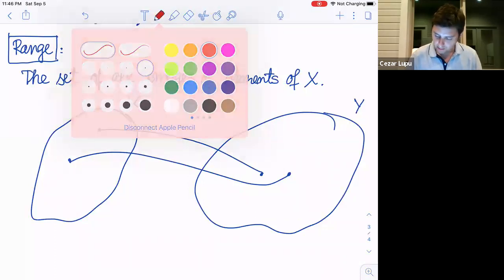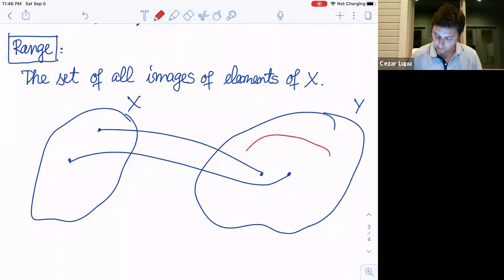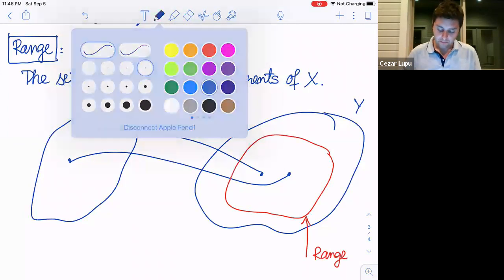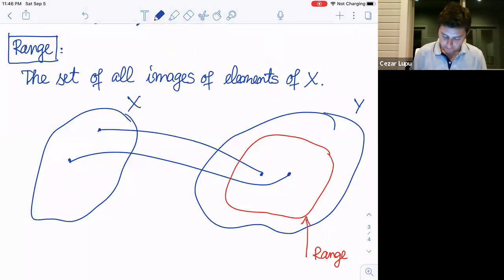Inside this, I will create a smaller subset. This will be the range.